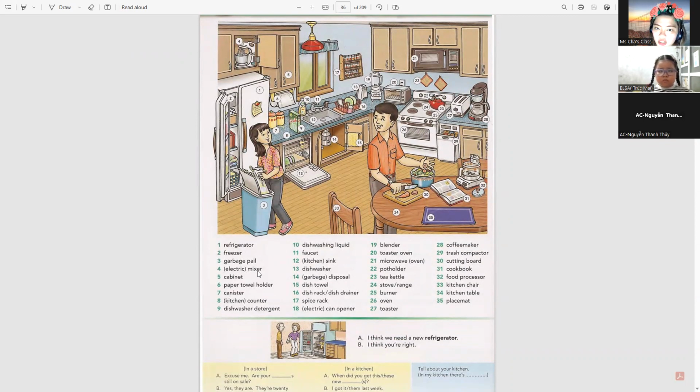Electric mixer, number four. Where is the electric mixer? Right there on top. Electric mixer. Five is the cabinet or the cupboard. All right, so we're going to practice some of the vocabulary for tomorrow, and then we're going to continue the topic about some and any.